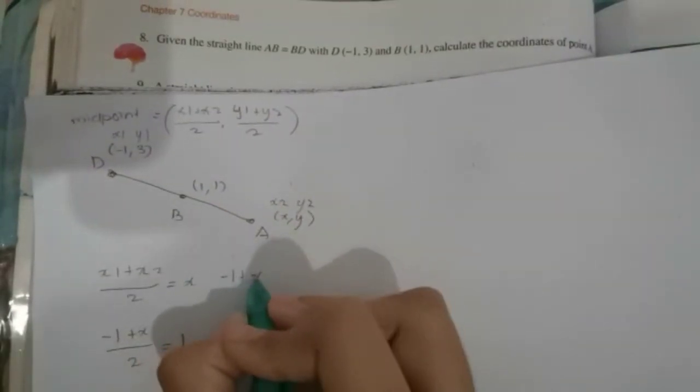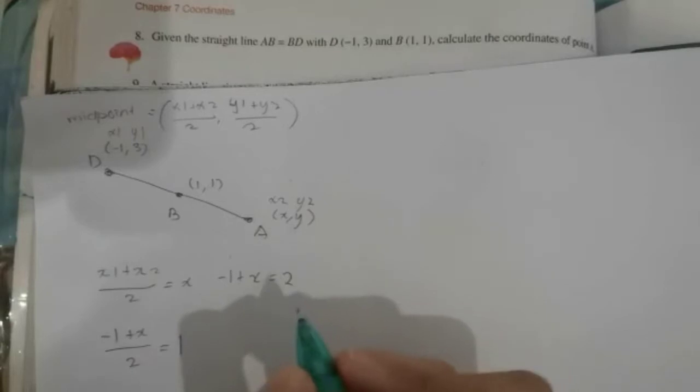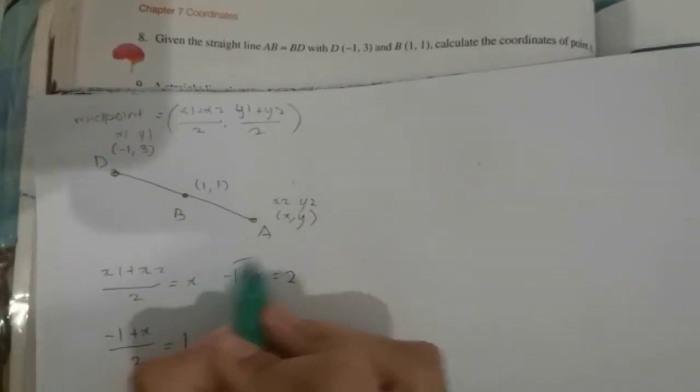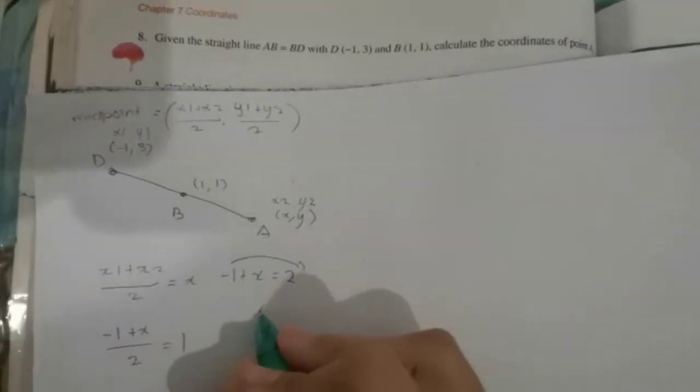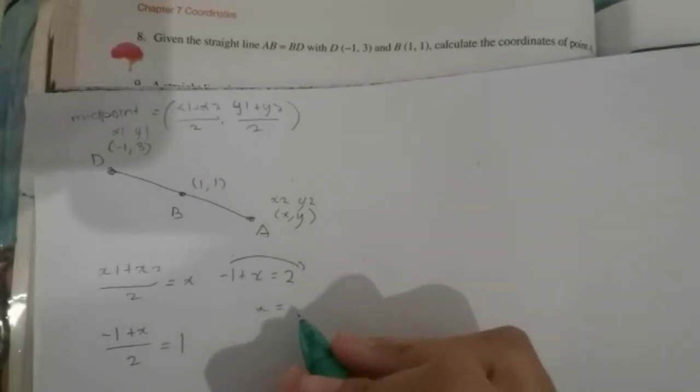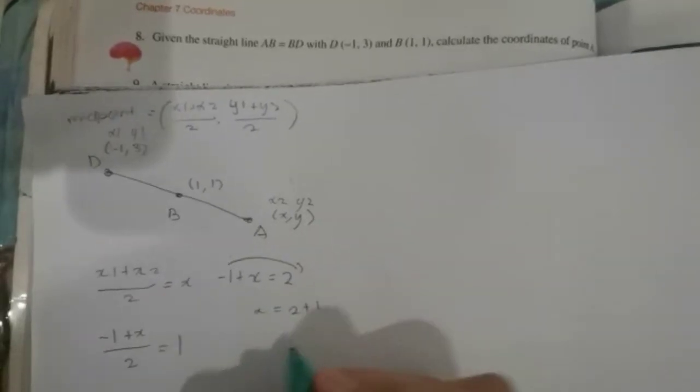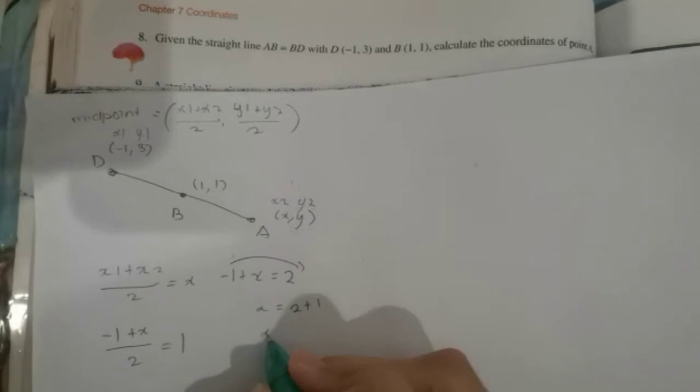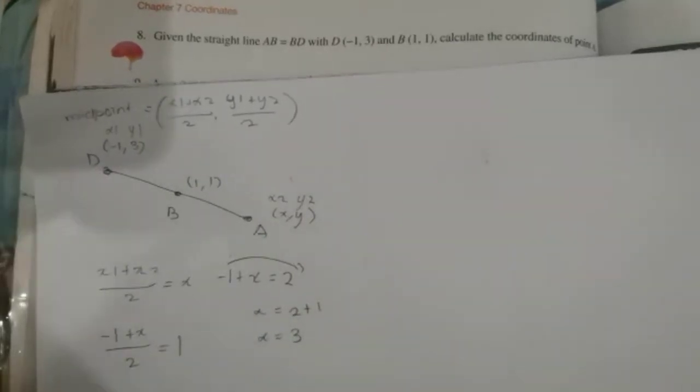Negative 1 plus x is 2. So x is 2 plus 1. So x is 3.